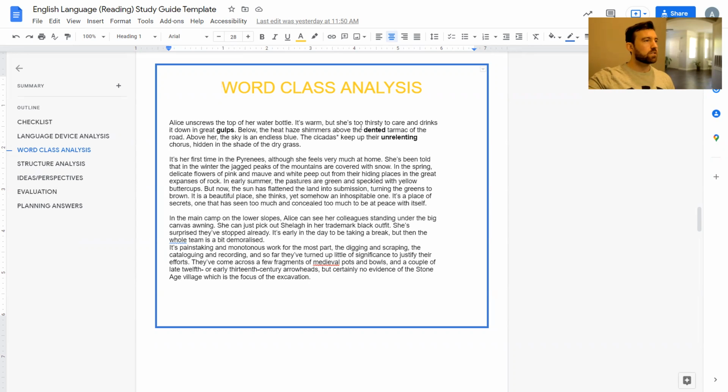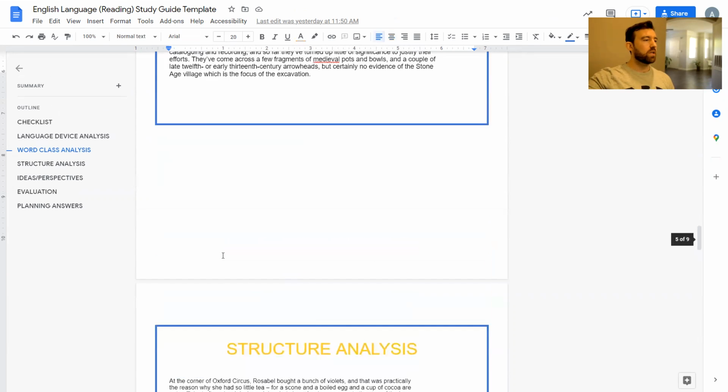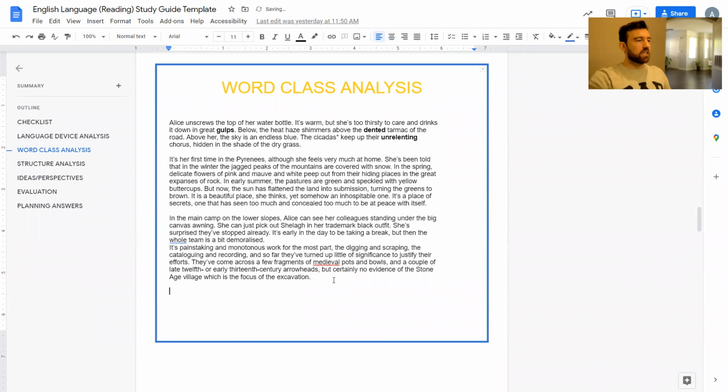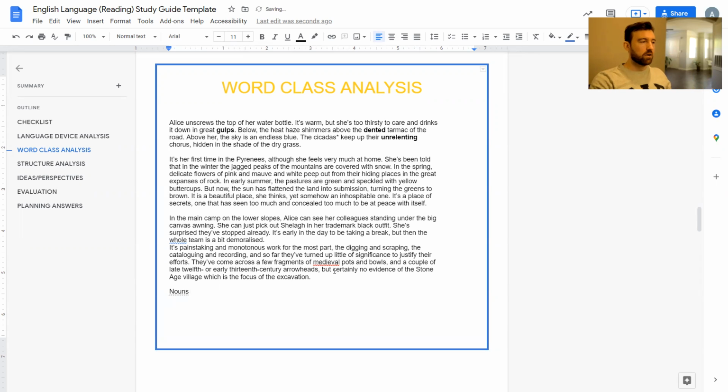So when we think about word class analysis, what we need to think about is the different word types that you can look at, first of all. If you aren't familiar with some of these classes, then definitely you need to either ask me about it or find a resource on it. You want to be looking for nouns. There are different types.